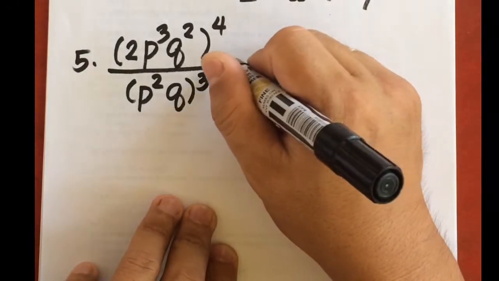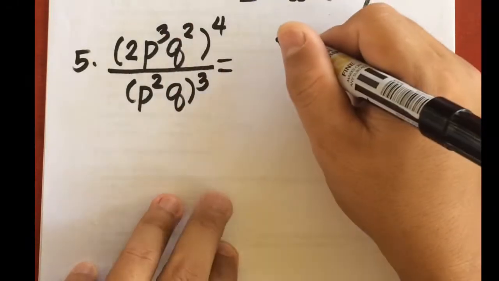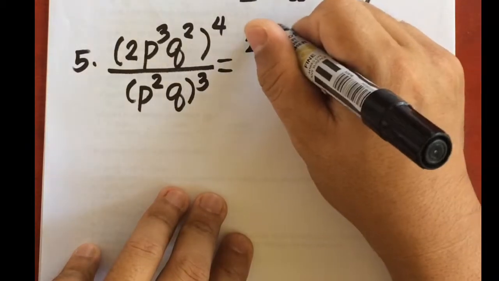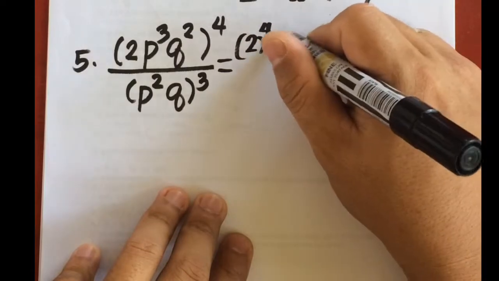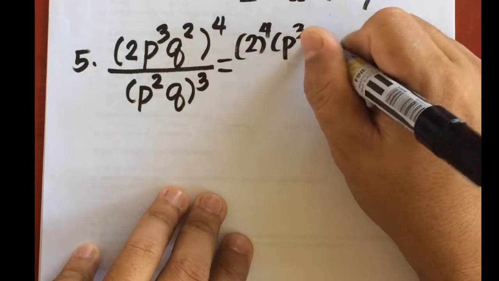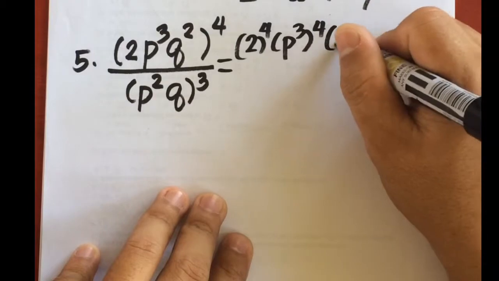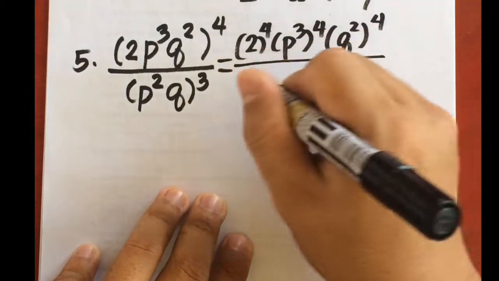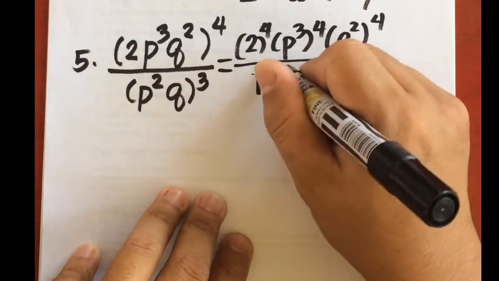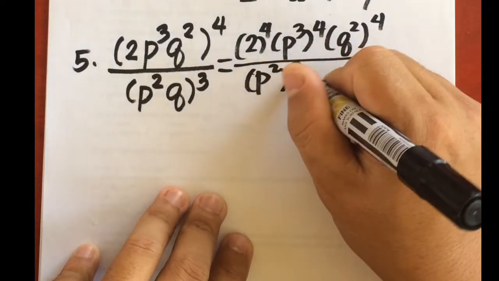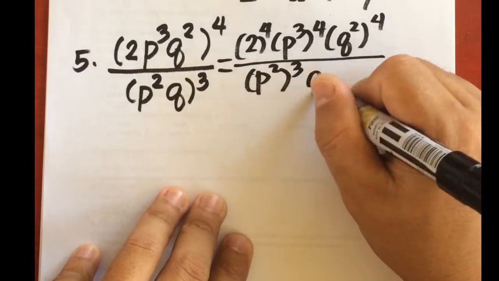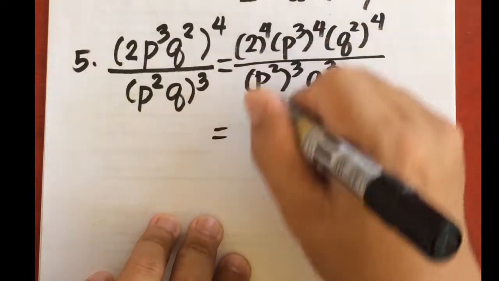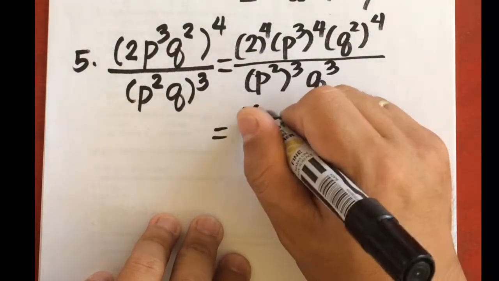Number 5. So applying here the power of a product, we're going to have 2 to the power of 4, then p cubed raised to the power of 4, then q squared raised to the power of 4, over p squared cubed, then q raised to the power of 3, or q cubed. 2 to the power of 4, again, is equivalent to 16.